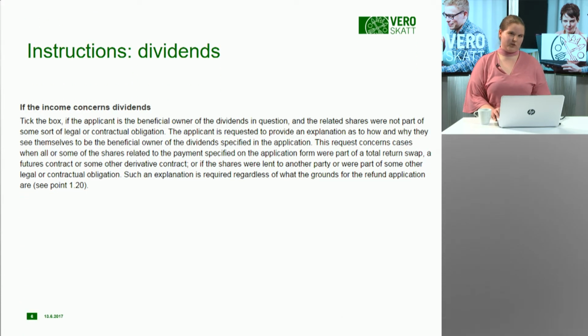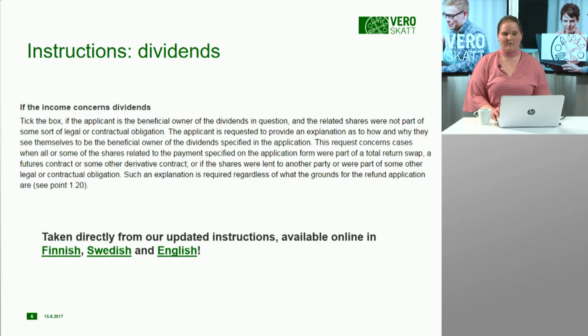Now, as for the instructions on the beneficial ownership, I won't go into too much detail as you can find all these instructions online, but I will go briefly over some of the crucial points so that you have a good idea of what you have to do. This is taken directly from the instructions, and basically you tick the box if the applicant is the beneficial owner of the dividends in question and the related shares were not part of some sort of legal or contractual obligation.